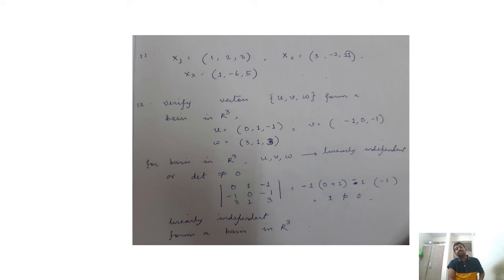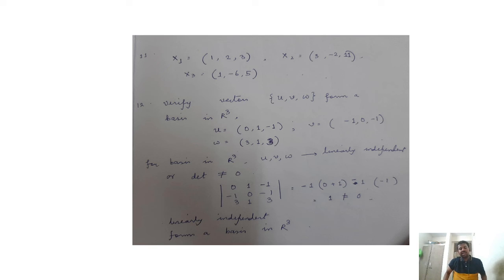You can find linear independence and linear dependence by the method described earlier, but this is another method. If the determinant is not equal to 0, we can say that these vectors are linearly independent. So find the determinant: 0, 1, minus 1, minus 1, 0, minus 1, 3, 1, 3.